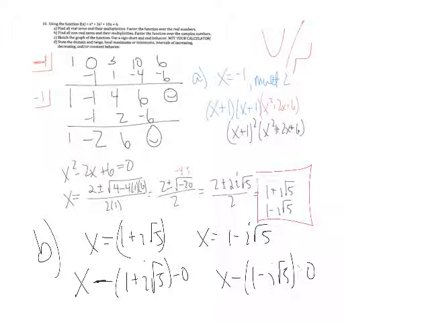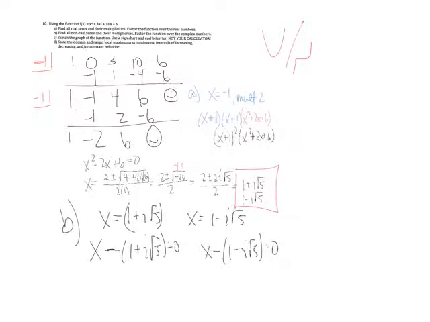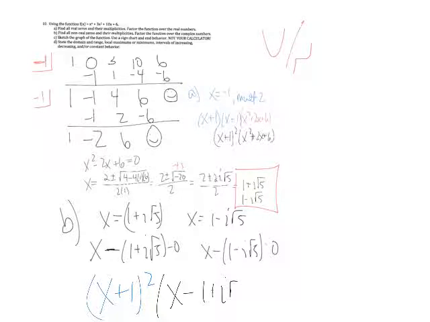When I factor over the complex numbers, it's the real factors, x plus 1 quantity squared, and then x minus the quantity 1 plus i radical 5, times x minus the quantity 1 minus i radical 5.